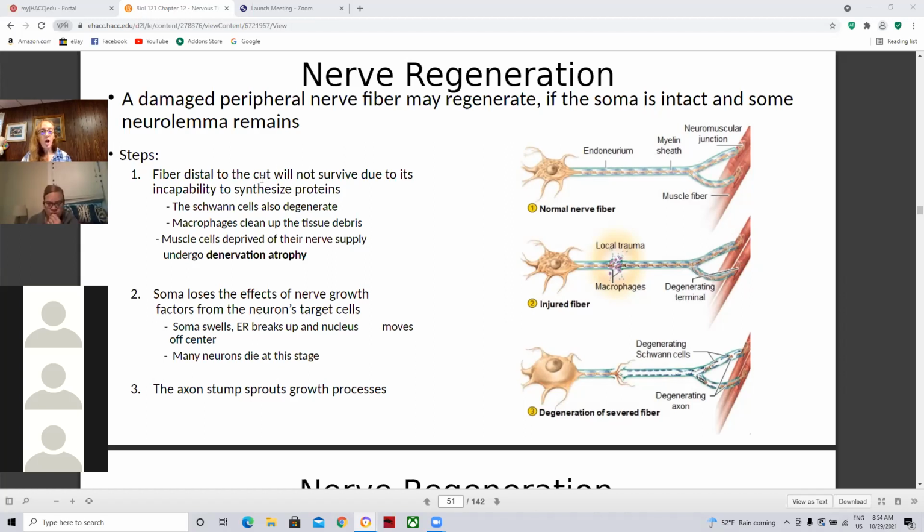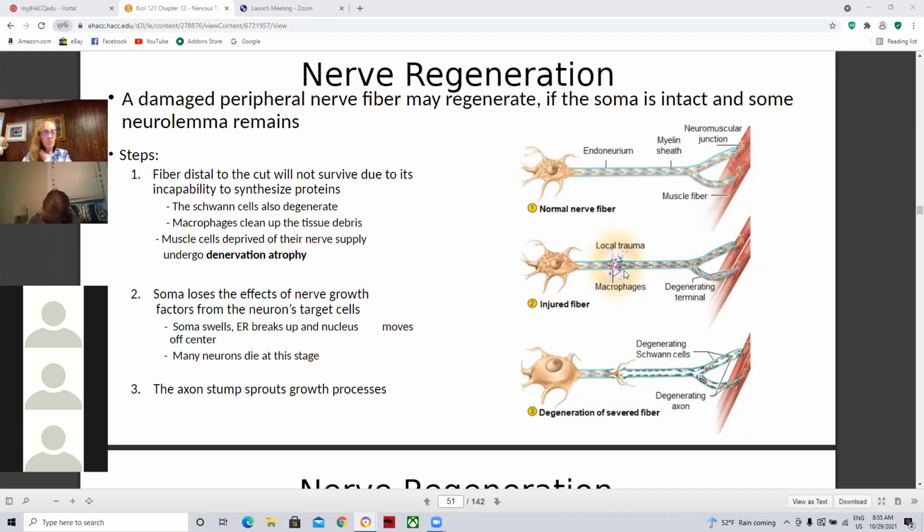So at the time that an axon is severed, the axon distal to the cut will not survive due to its inability to synthesize proteins. So the Schwann cells degenerate and macrophages move in and clean up the tissue debris.